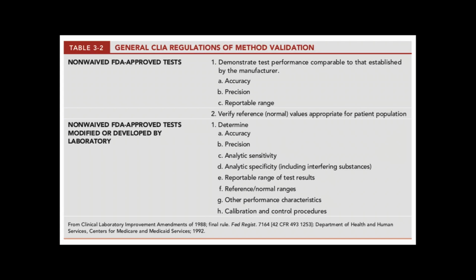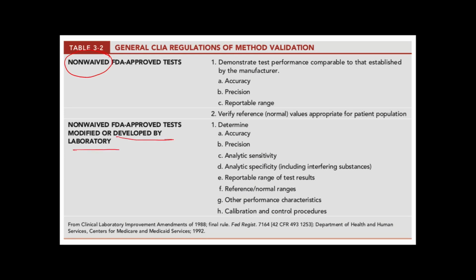Again, for the waived test, since they are simple and most likely accurate, they just have to simply follow the manufacturer's instruction. But for the FDA-approved non-waived test, they must undergo a shorter validation process. And a more extensive process is required for tests developed by laboratories.